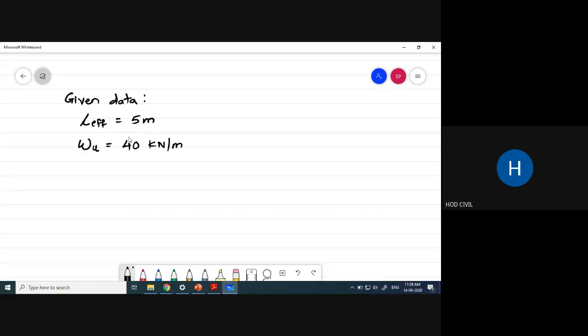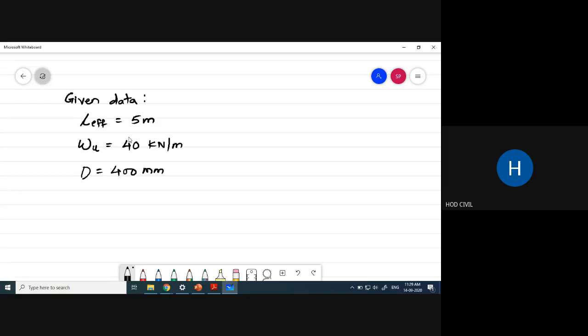Next, D is 400. This is the overall depth, that is total depth capital D, given as 400 mm. Then the grade of steel and grade of concrete are also given.